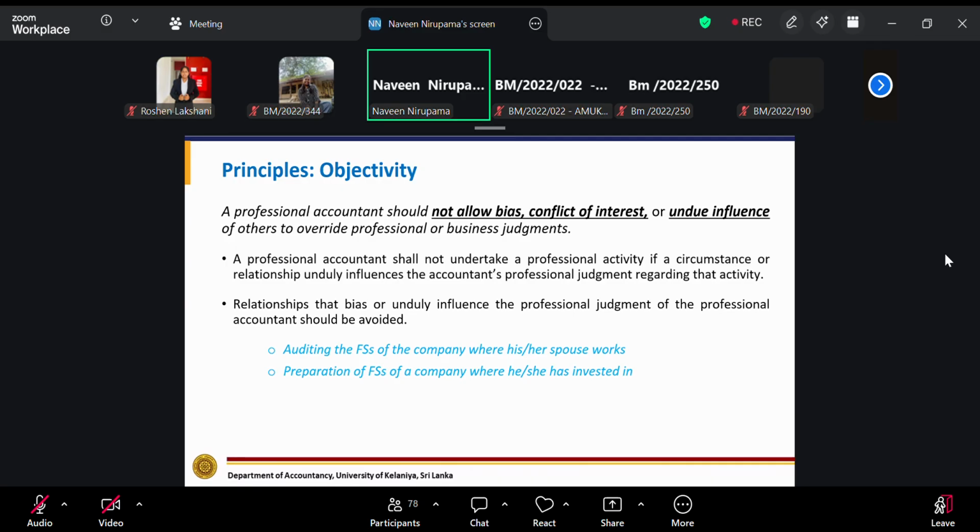But in the same company, I prepare the financial statements and other required reports. As per the objectivity principle, I can't do that kind of thing, because I have invested some shares in the organization. In that situation, I have a bias, and I have no power to prepare the financial statements on behalf of that company because it's a bias and violates the objectivity principle.